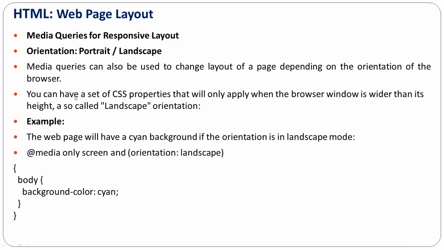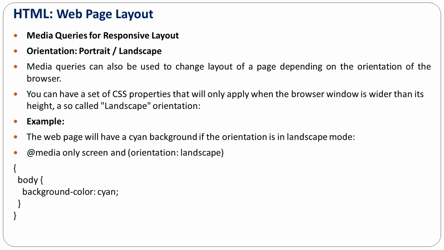Media queries also have an orientation property, that is, portrait and landscape. Media queries can also be used to change the layout of a page depending on the orientation of the browser. You can have a set of CSS properties that will only apply when the browser window is wider than its height, so-called landscape orientation.